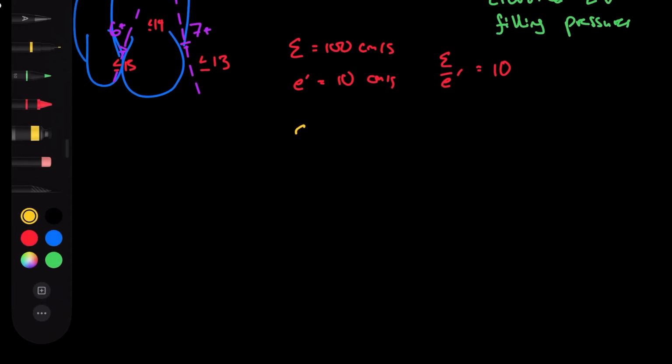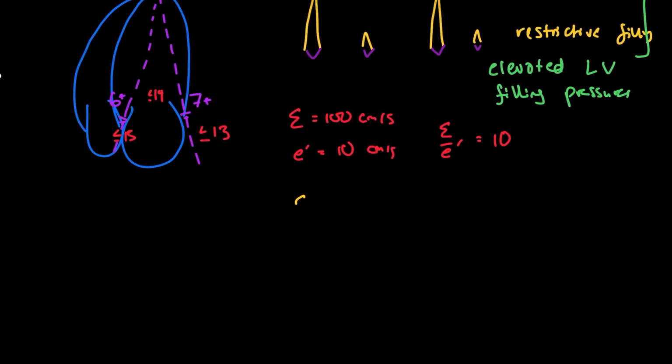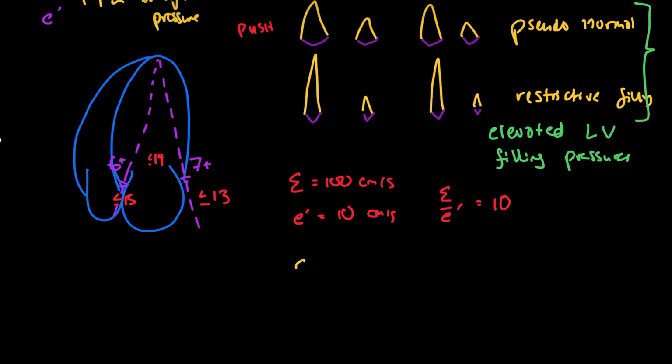Let's say that this previous one was normal. Let's say that our E wave is still 100 because our E and A wave look the exact same, but our E prime is 5.